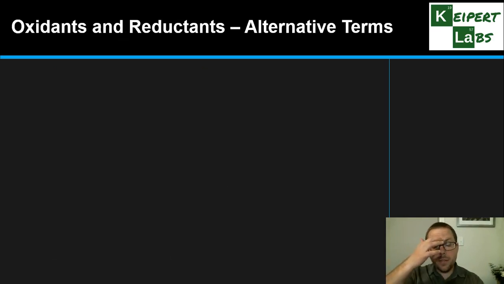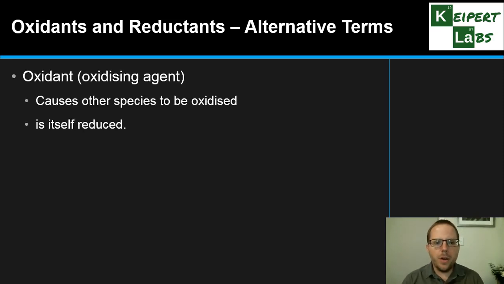Okay, and so now what we also have when we're thinking about redox reactions is that sometimes we don't want to think as much about what is happening to a particular species as much as the effect that it's causing in something else. So we often come across the label of oxidant and reductant. So oxidant is short for oxidizing agent, the agent of oxidation, causing oxidation in another species, and is therefore itself reduced. When you've only got two processes, that must be what's occurring.